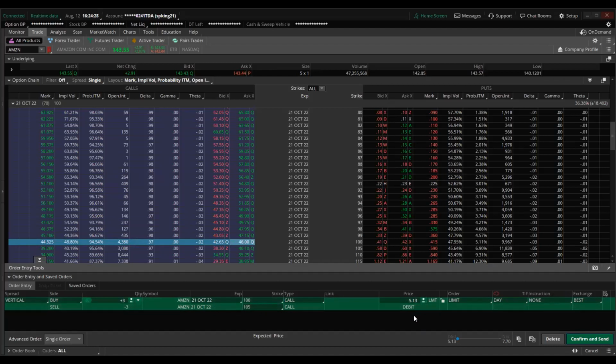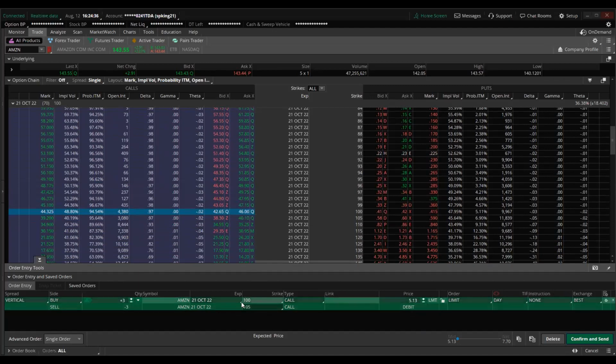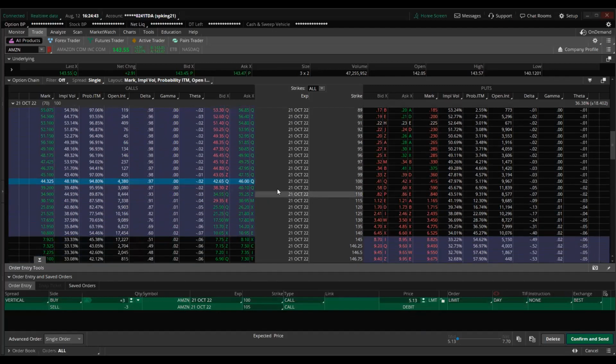So if I did 3 contracts, that's $1,500 that it would cost me to do this. But can we all agree that at 100, 105, Amazon really has to tank in the next 70 days for that not to hit?